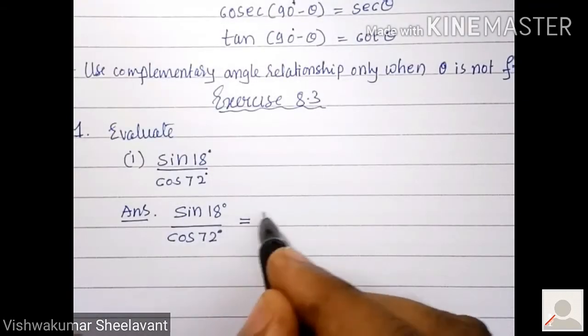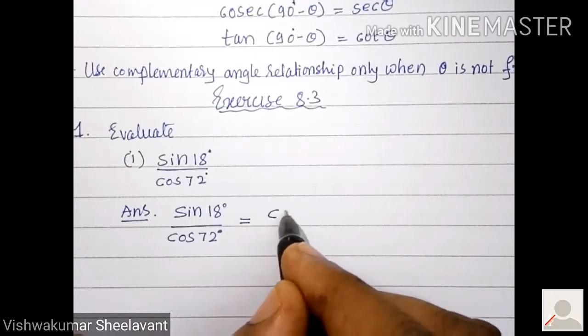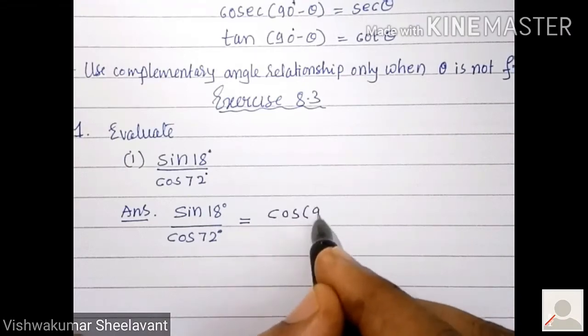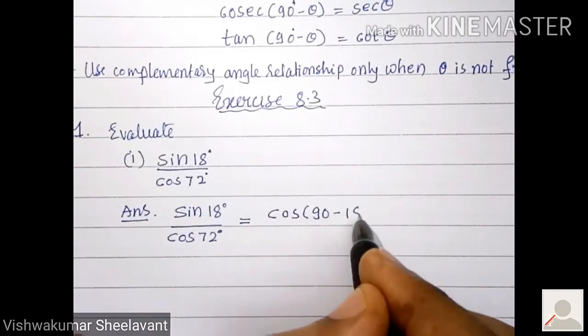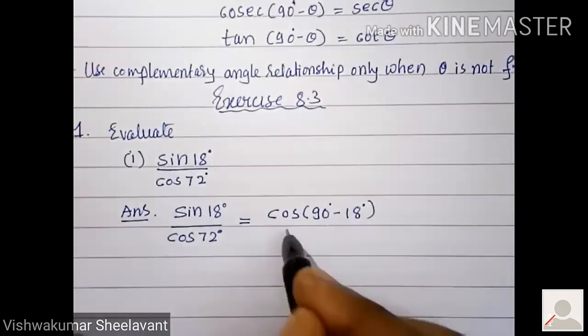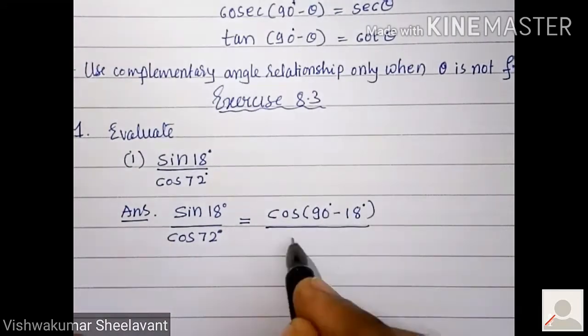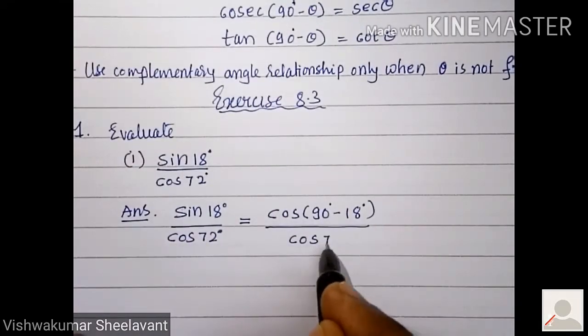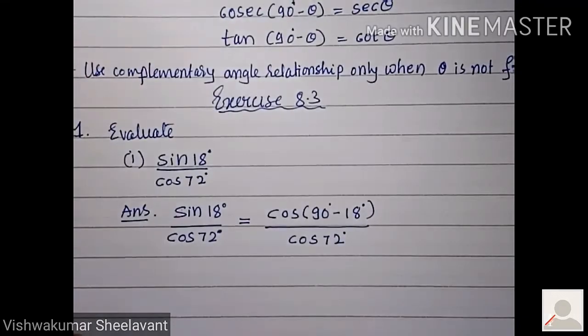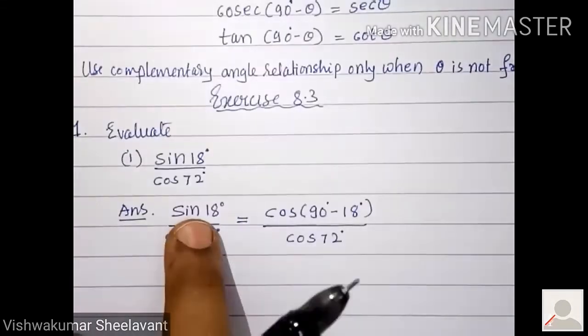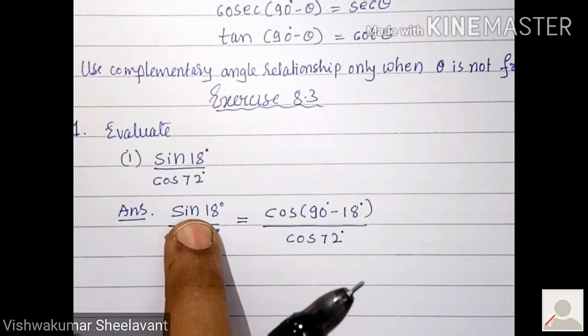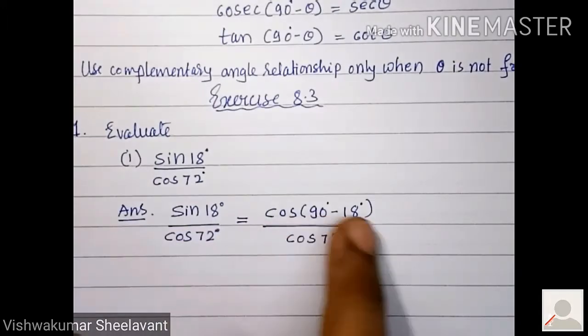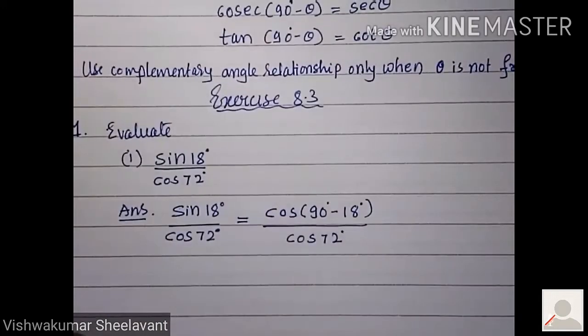Sine of 18 should be equal to what then? Cos of 90 minus 18 degree divided by cos of 72 degree, because we know that sine theta is equal to cos of 90 minus theta. Have you not written this?